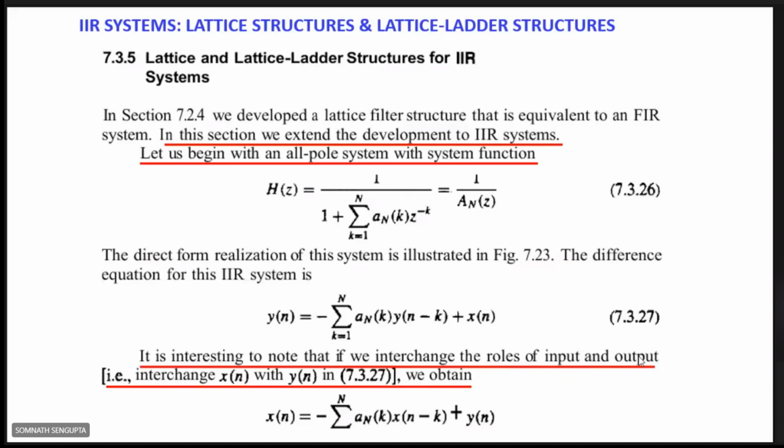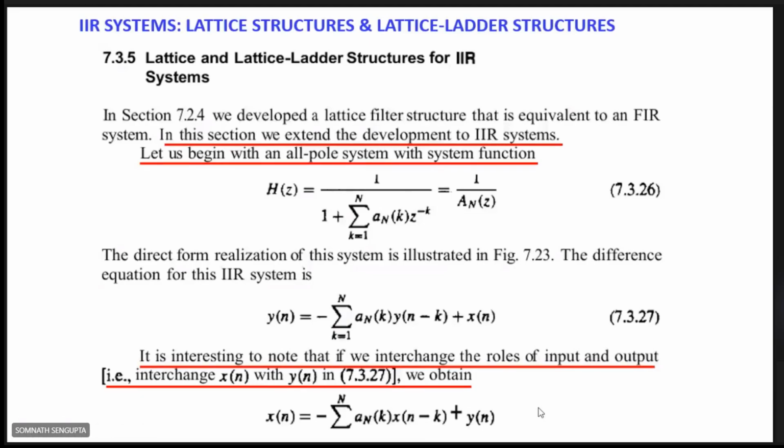But now in this equation of y[n] for IIR system, if you replace y[n] with x[n] and x[n] with y[n], what situation arises? In place of y[n] we write x[n]. So x[n] is equal to summation k equal to 1 to N a_N(k) x of n minus k plus y[n].